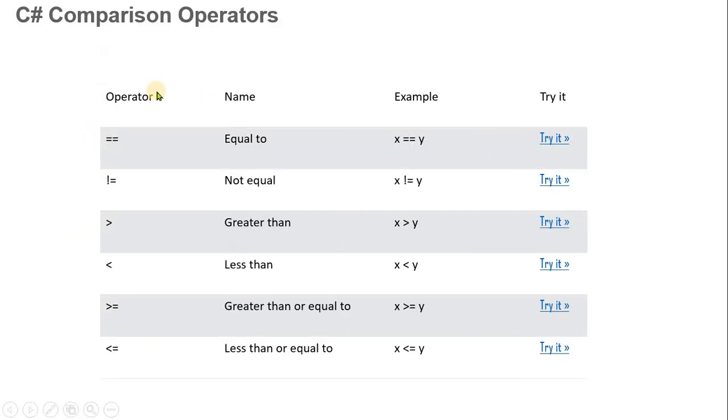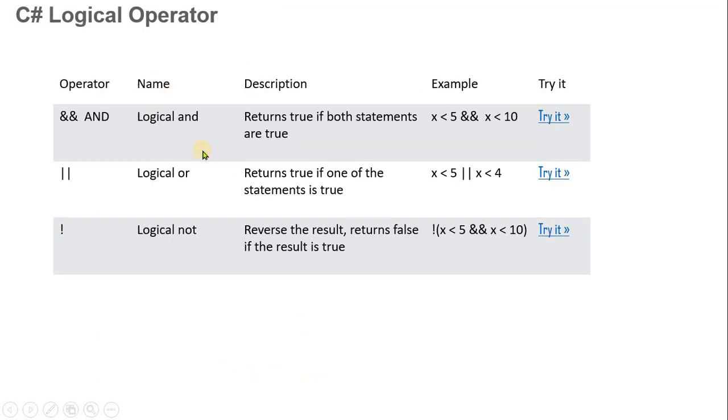This is the comparison: if I want to take some condition, and on the basis of that condition I want to execute some flow, then I can use these comparison operators. Here we have equal to, not equal to, greater than, less than, greater than or equal to, less than or equal to. This is my logical operators.